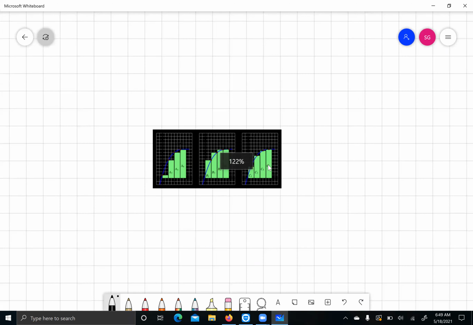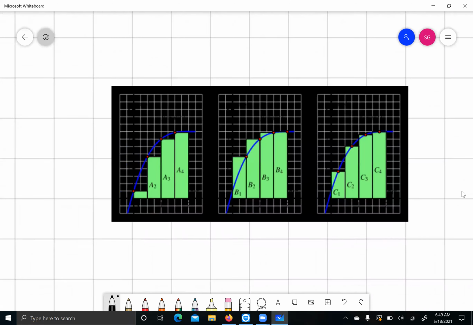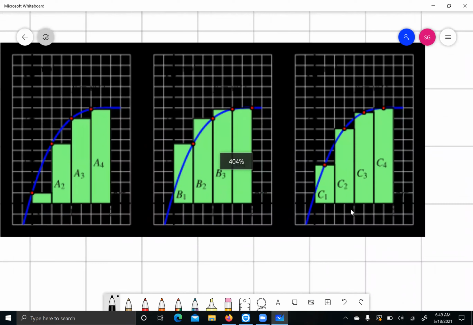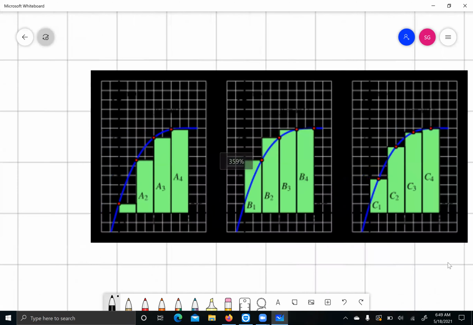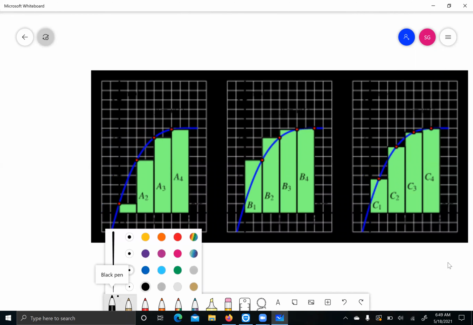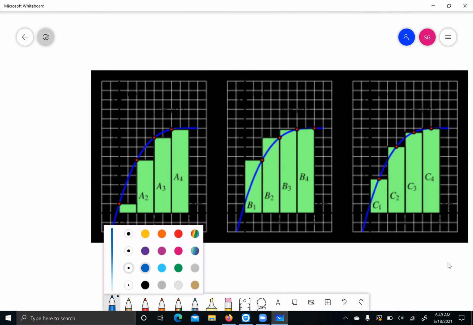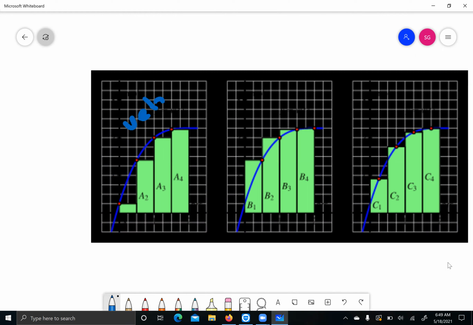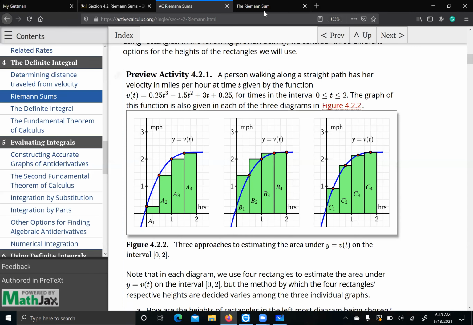In the first one, we have the graph of the velocity function, and the blue curve is the velocity function. And then we want to find the distance traveled by this object over the time interval of 0 to 2.